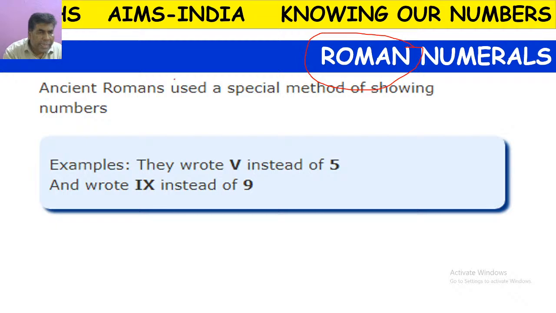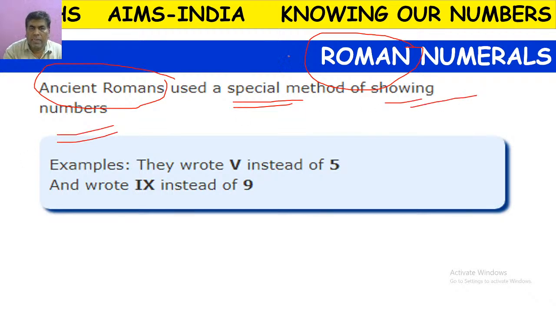But the ancient Romans used a special method for showing numbers. That system is called Roman numerals. In Roman numerals, instead of 5, they used the V symbol.